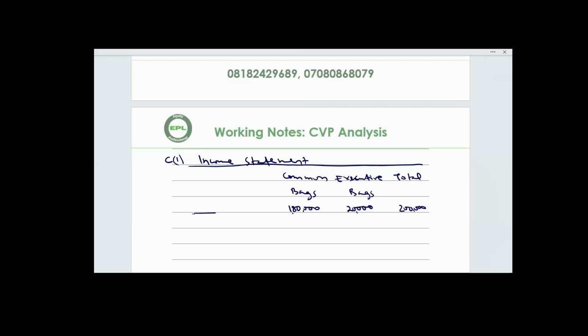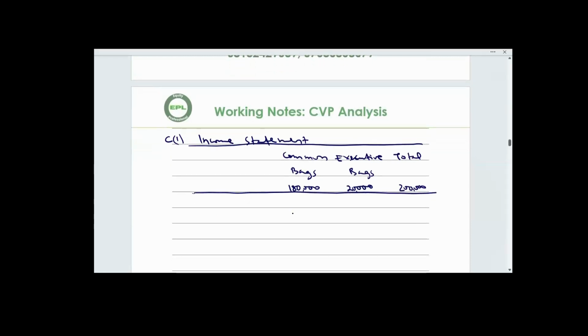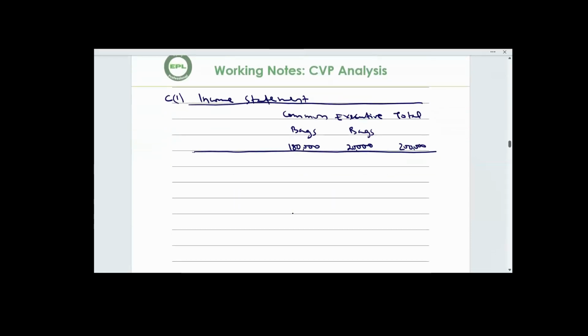So if that is the case, we need to re-prepare our income statements. With this, I would then say sales. The examiner has used revenue. No worries. Selling price is 200 for common, then 300 for executive.